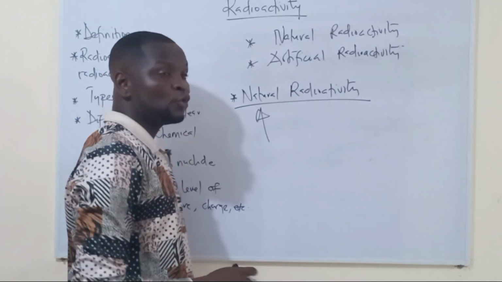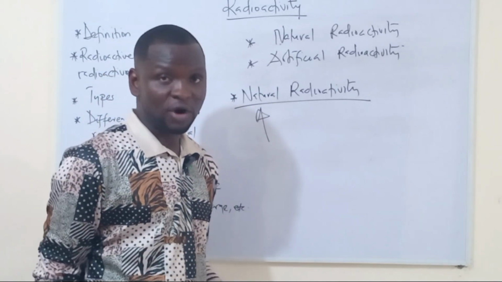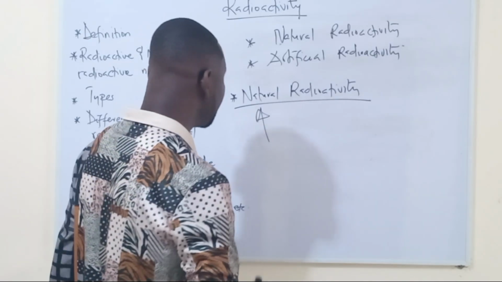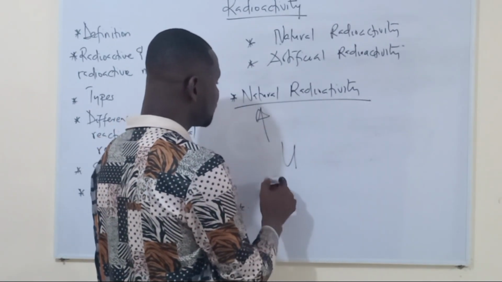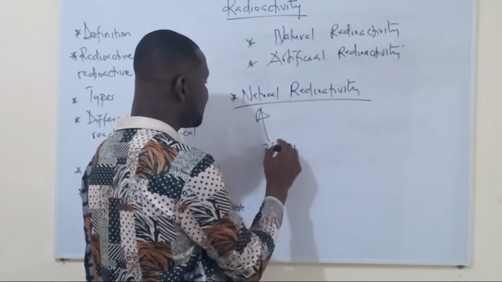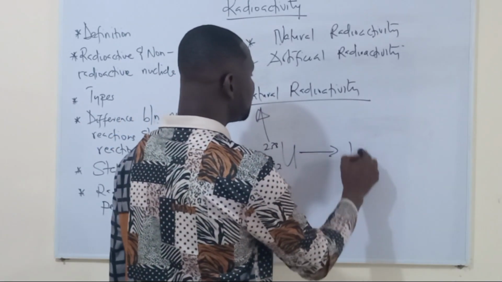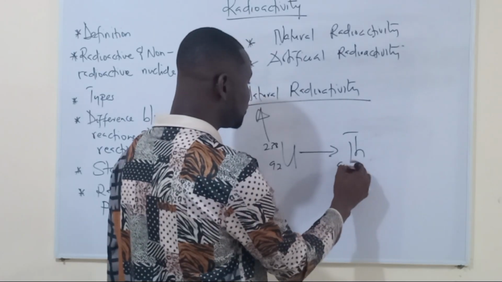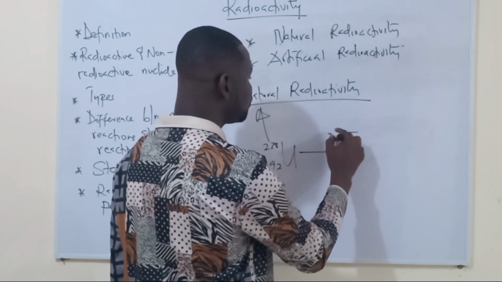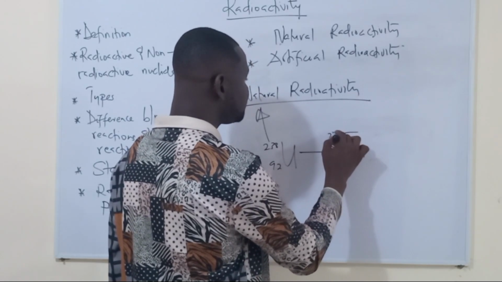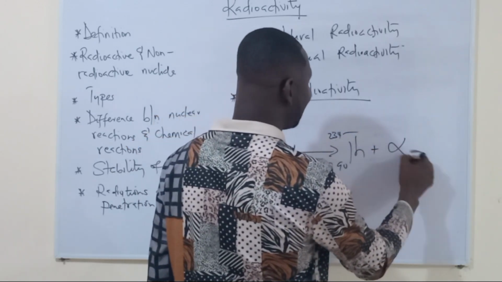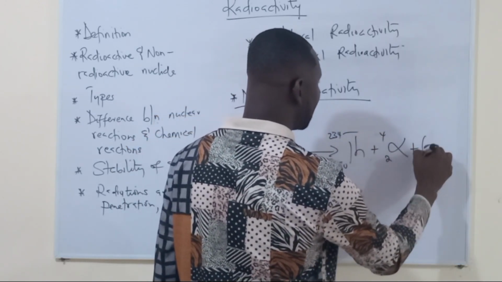Now, you can use an equation to back natural radioactivity. For example, if I have uranium 238, with an atomic number of 92, this uranium can undergo a disintegration to give me thorium 234 and an alpha particle together with energy.